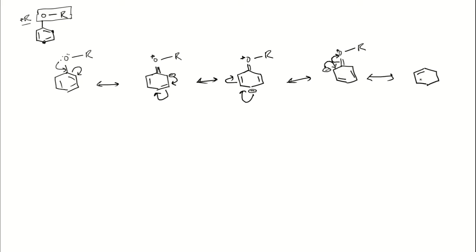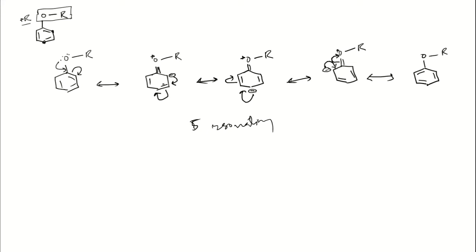We have a double bond here, again a double bond here. So this is the resonating structure that we have obtained in this case. Now we are getting 1, 2, 3, 4 and 5, so we have 5 resonating structures of this aryl alkyl ether.